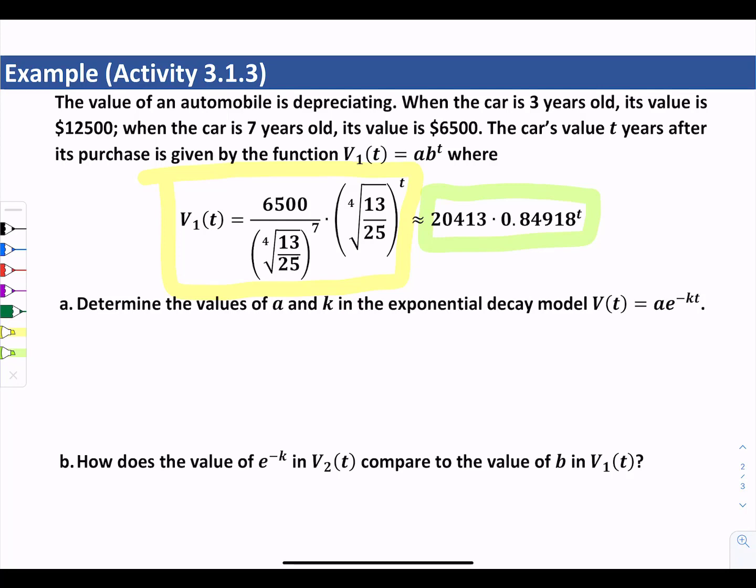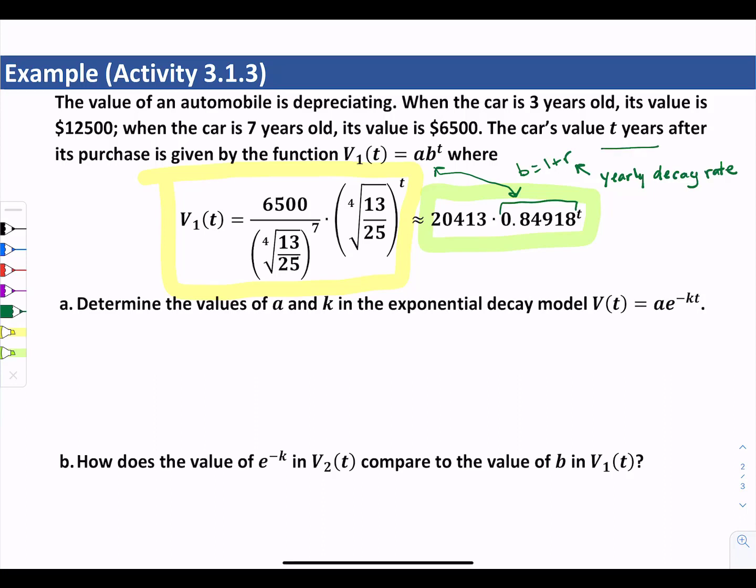And I just want to remind you that in this case, because time was being measured in years, this base b equals 1 plus r, where r was the yearly decay rate. Again, that's because we were measuring time in years.